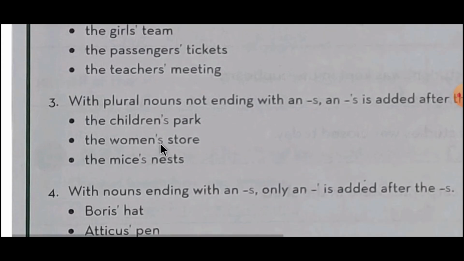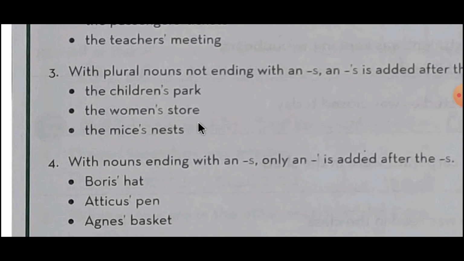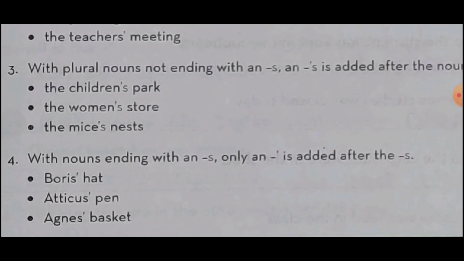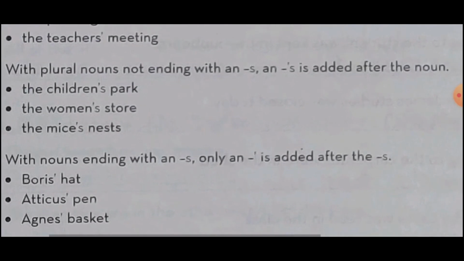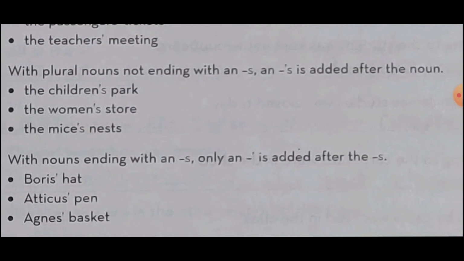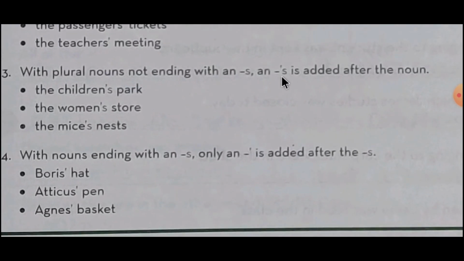Then third one is with plural nouns not ending with s, and apostrophe s is added after the noun. I think we have also completed this one. When the plural nouns do not have the alphabet s at the end, we have to follow the rule which is applicable for the singular nouns.